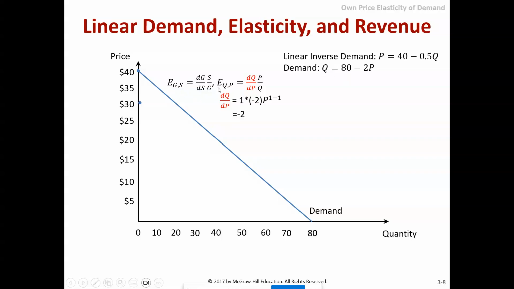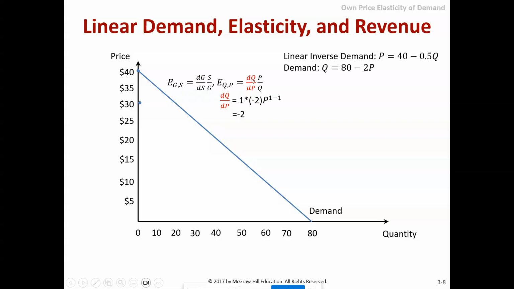Now, remember the basic formula for calculating the elasticity of any variable in response to another variable. It is calculated by taking the derivative of the response variable with respect to the independent variable, then multiplying by the value of the independent variable over the value of the dependent variable.